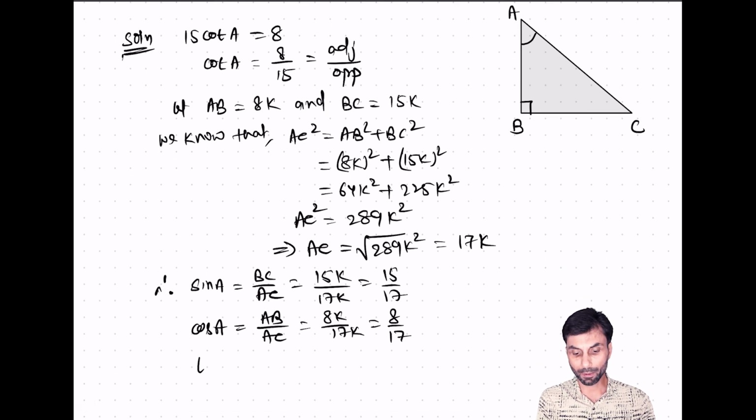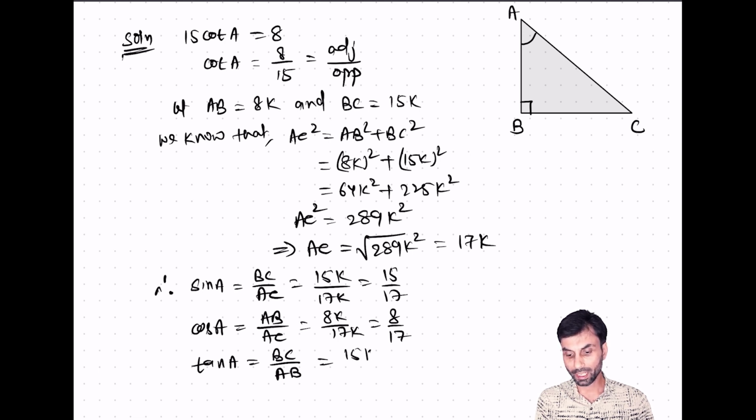Next, if you find tan A, we can directly find it using the reciprocal relation, or we can find here, which will be tan is opposite, which is BC upon adjacent AB, and that will be 15K upon 8K, which is 15 upon 8.